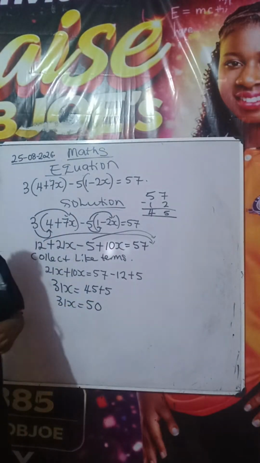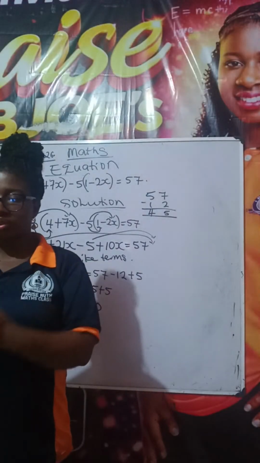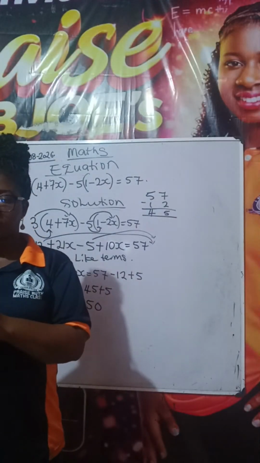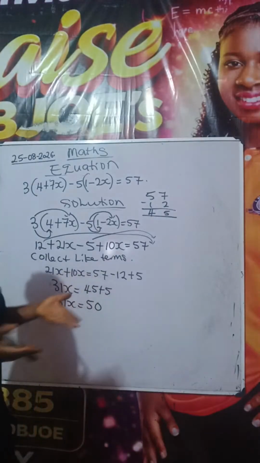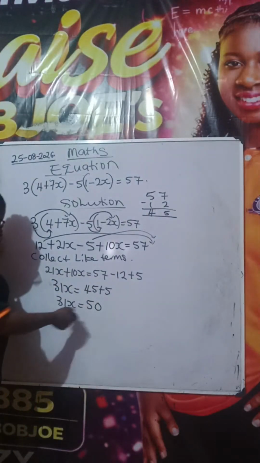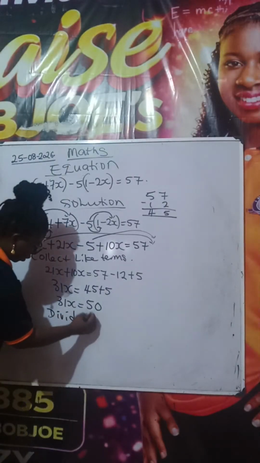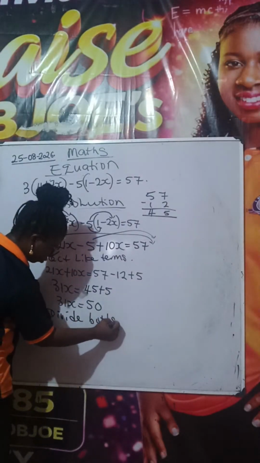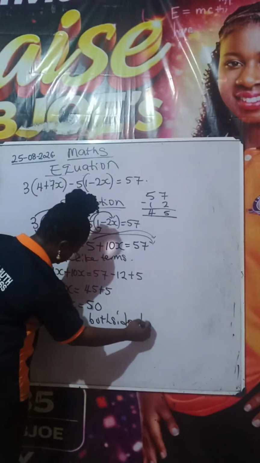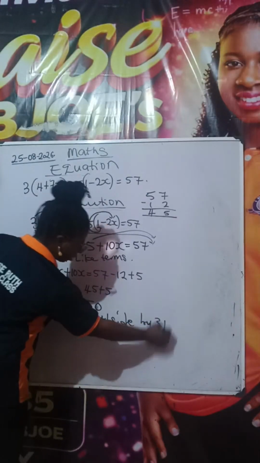Now at this point, what are we going to do next? We are going to divide, okay? So divide both sides by 31.